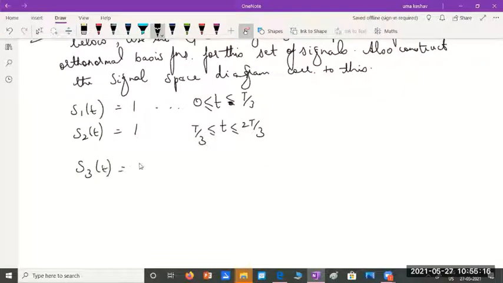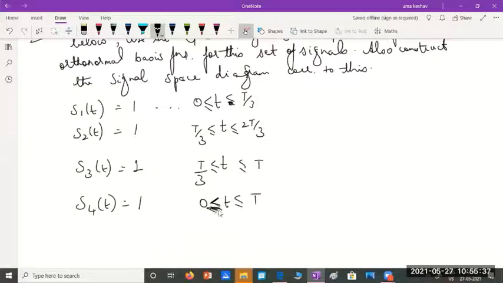S3 of t is 1 in the range T by 3 to T, and S4 of t is 1 in the range 0 to T. This is the definition given for the four signals. Let me call this equation 1.